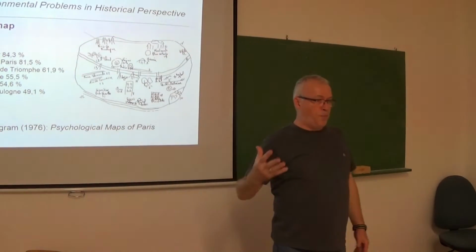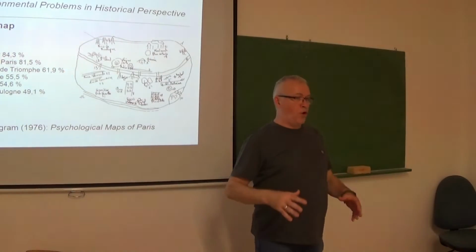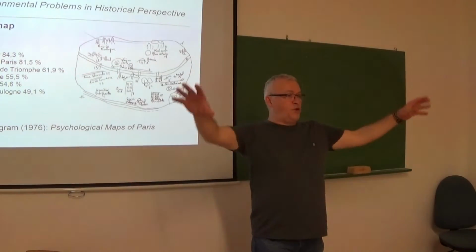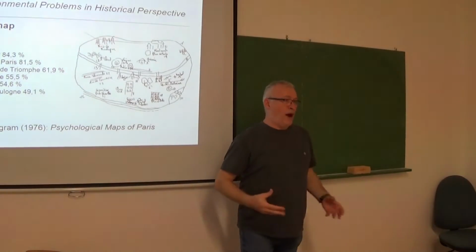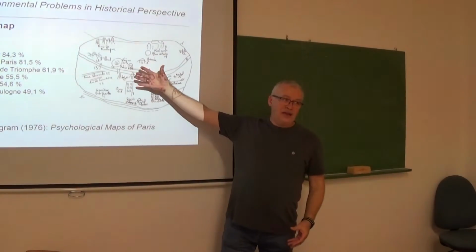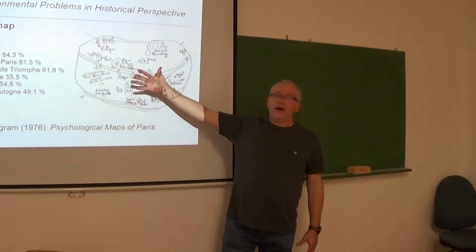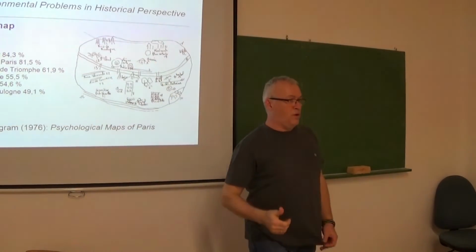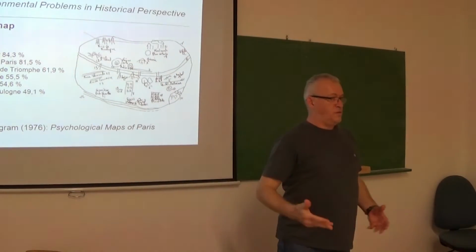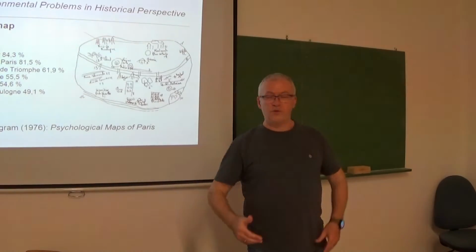Why? Because the majority of local people live in the outskirts, in the banlieue, as the French call it. Why? Because the core area is very expensive. Therefore, in the core area, downtown, live the richest people and the tourists, and it is the place of tourism.